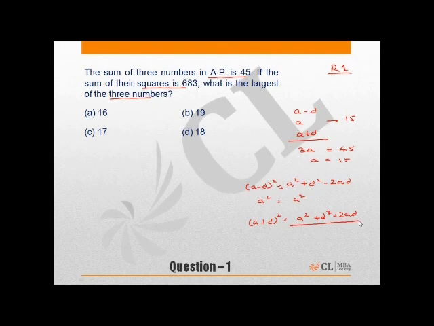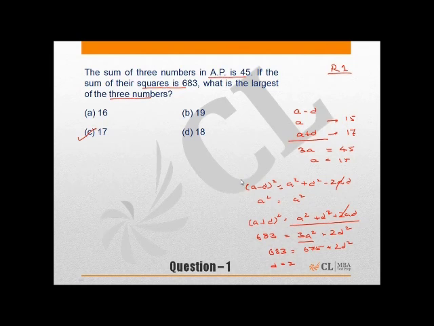So when we add the 3, we should get a total of 683. The minus 2AD and plus 2AD get cancelled out, so we have 3A square plus 2D square. Since A is equal to 15, 3A square will become 675, plus 2D square is equal to 683. Solving this, you will get that D is equal to 2. So if D is equal to 2, A plus D should be 17, and the correct answer is choice C.